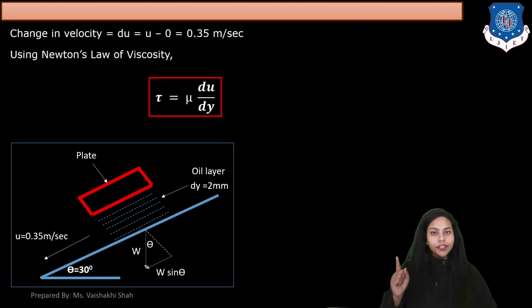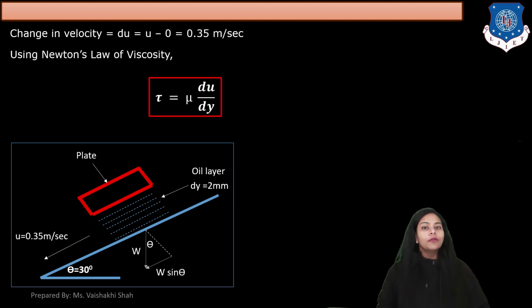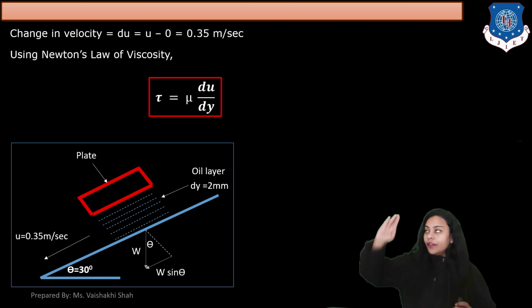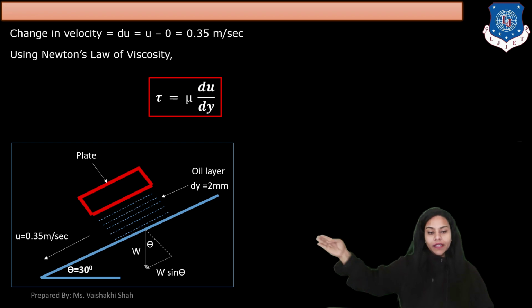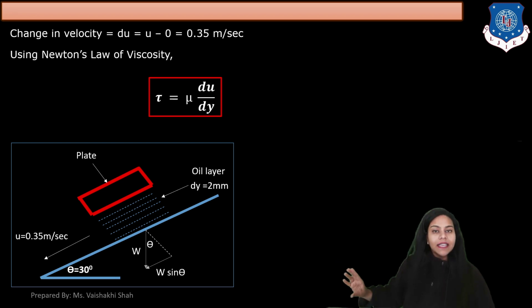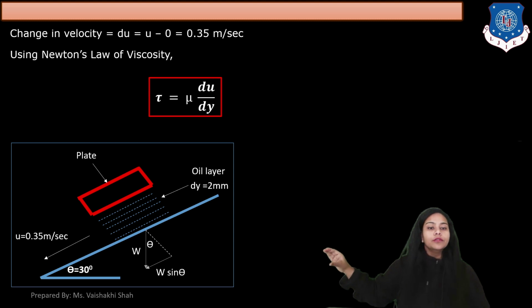Tau is your shear stress, which we found using F upon A. Mu is the dynamic viscosity, which is unknown. Du is the change of velocity, and dy is the thickness of the oil layer, or the distance between two plates.